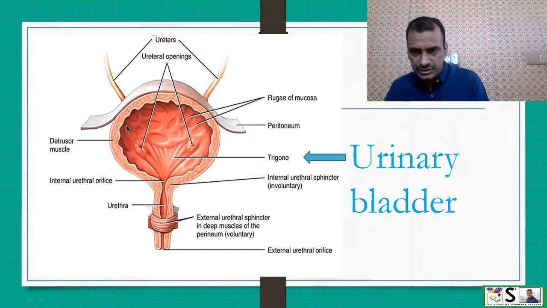Here you can see these are the openings of ureters and this is internal urethral orifice and they form the trigone here. This is the internal urethral sphincter and this is external urethral sphincter and this is urethra.